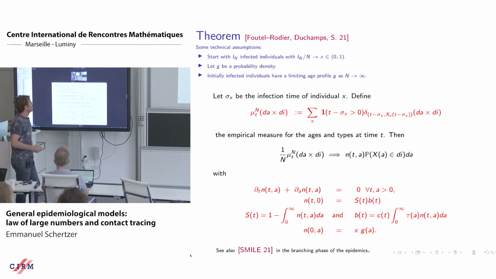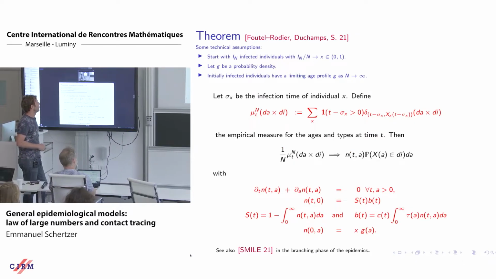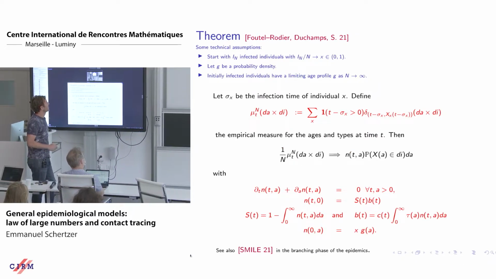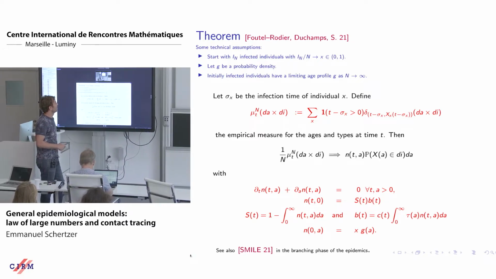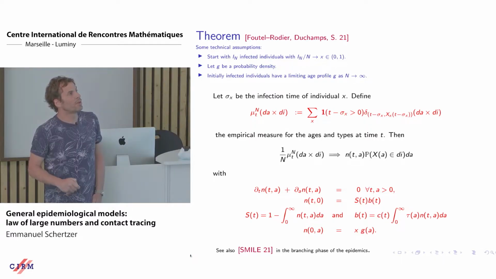So here is a more formal statement. Again, you start with a certain fraction of infected individuals and a limiting age profile at time t equal to 0. What you do here is construct an empirical measure. You sum over every individual that will eventually be infected in your population in the future.